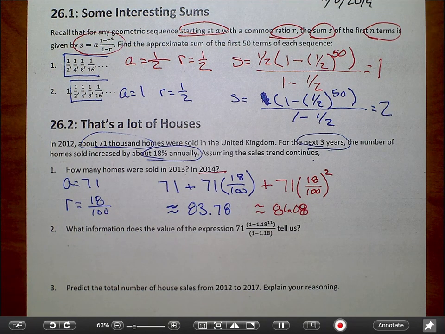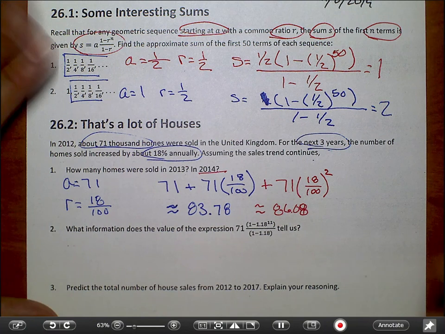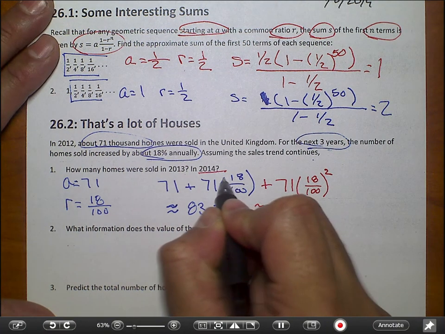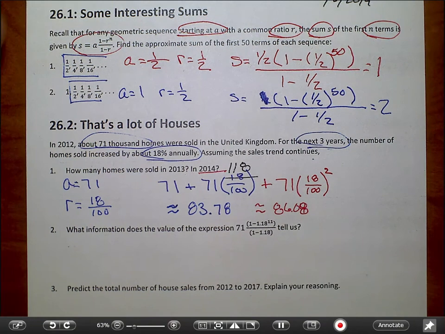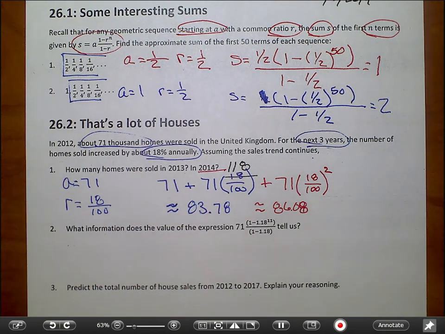So let's go ahead and correct these. This is supposed to be 118 over 100, because 100% would be 100 over 100, wouldn't it? Yes, you're going to do that one also, but I'm just doing this one first.